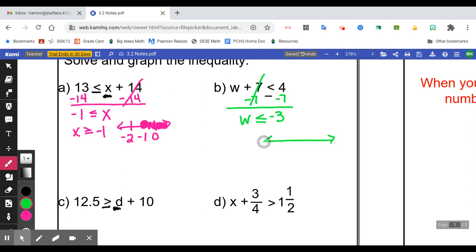Here's my number line. Again, counting backwards for negatives, so -4, -3, -2. Close circle, because it has the equal to, and less than. W is less than or equal to. So again, it's pointing to the left, like an arrow. So we're going to shade to the left.